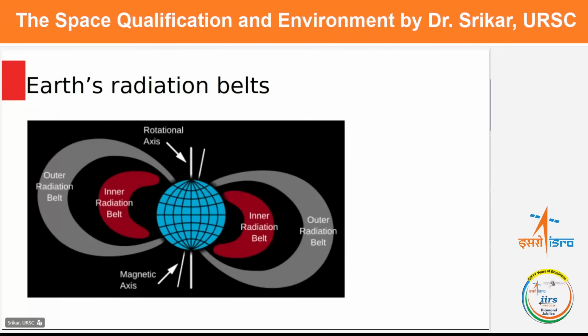One of the features that one can see is that because of the lopsidedness and asymmetry of the Earth's magnetosphere, one of the belts tapers into lower altitudes over a region called the South Atlantic Anomaly. You can see maybe somewhere here, where towards the South Atlantic region there is a lot of flux of these particles coming in.